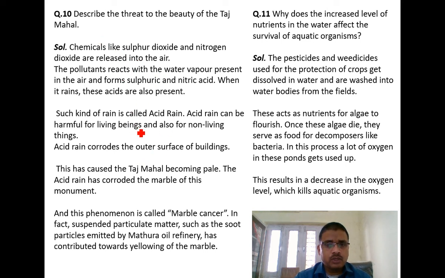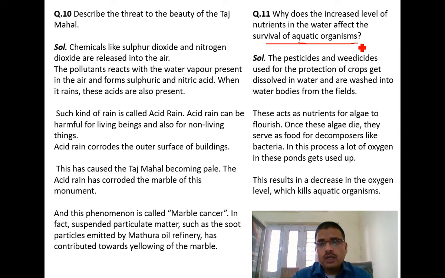Now, why does the increased level of nutrients in the water affect the survival of aquatic organisms? Aquatic organisms are those organisms which live in the water.